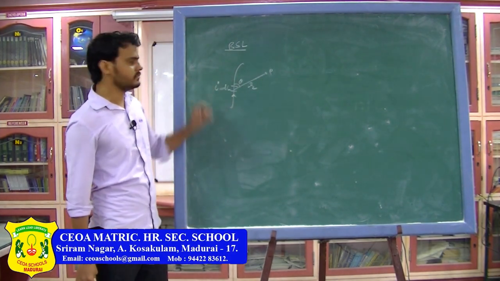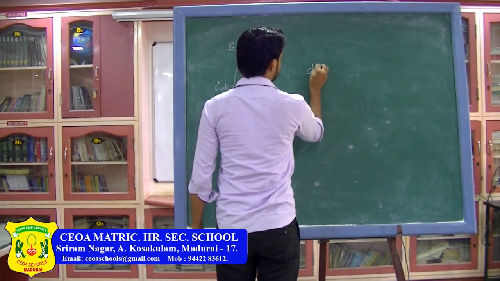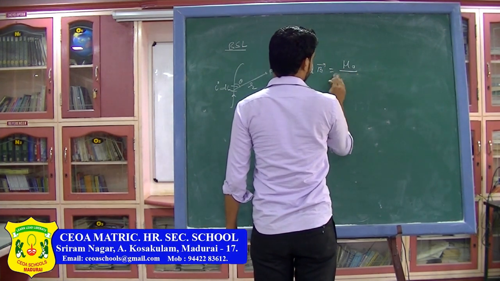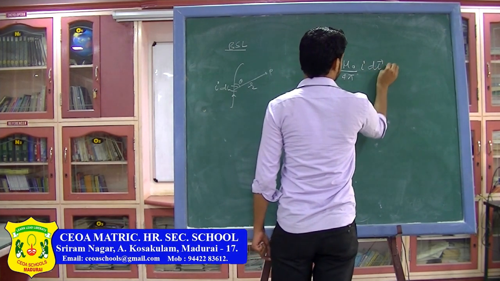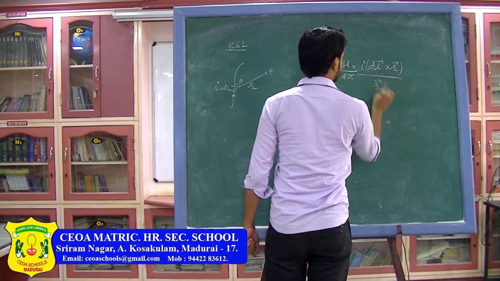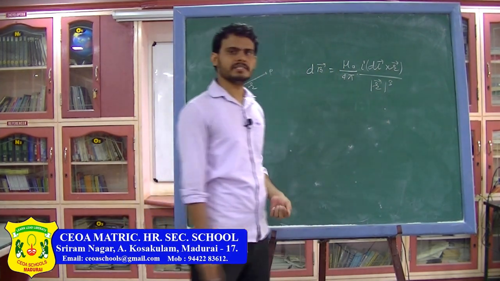Then due to this very small current element, the magnetic field in vector form can be written as mu naught by 4 pi, I dl cross r vector, divided by r vector cubed. We have said that this is the position vector form of the Biot-Savart law.